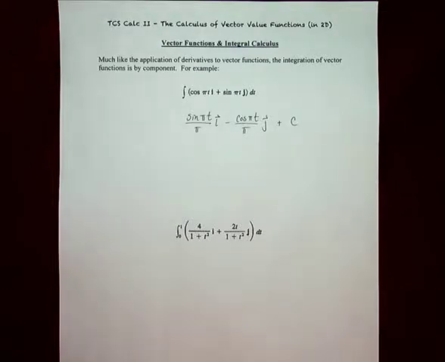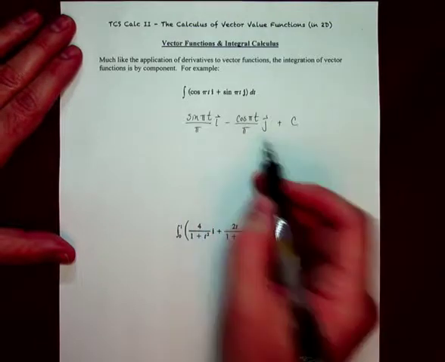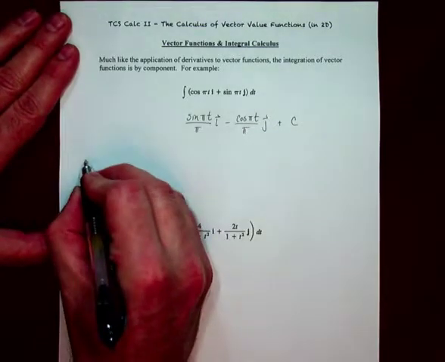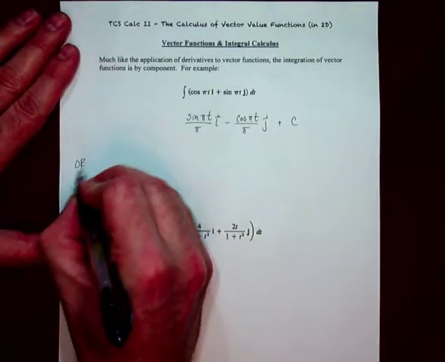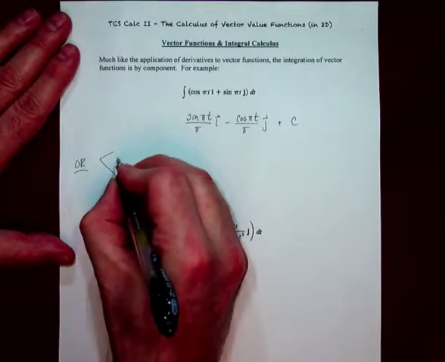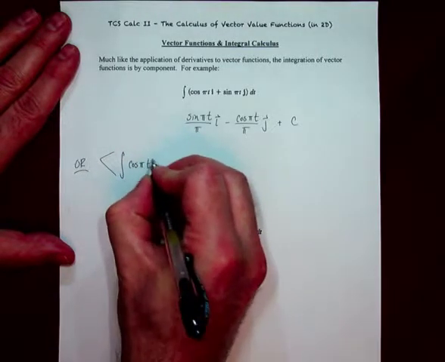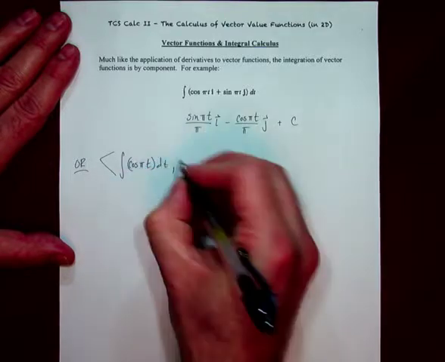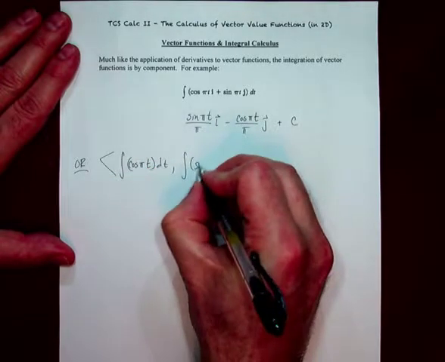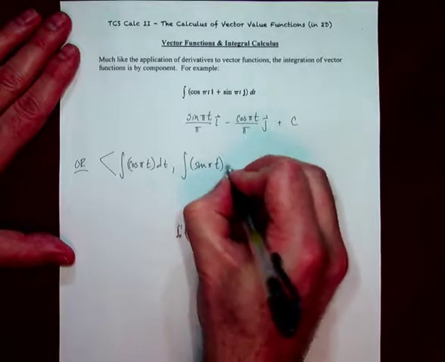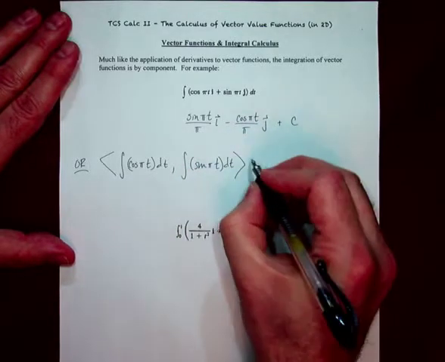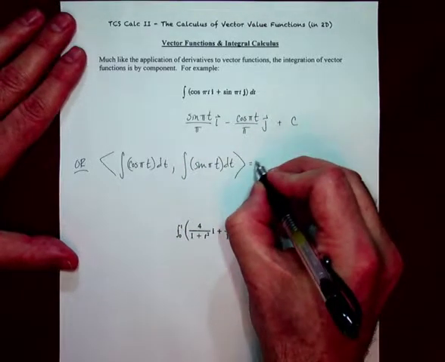Now, I don't like unit vector form, I like component form. So the way that this could be written in component form is the integral of cosine pi t dt and the integral of sine pi t dt. And I like this better because it just makes a little more sense.